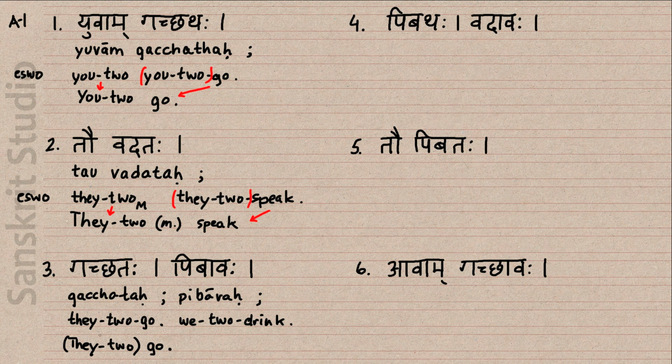So now we do use the implicit subject in the verb in both cases, both for the verb itself and for the subject in English. And similarly here we do the same thing, we two drink.